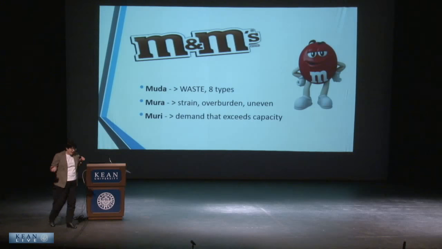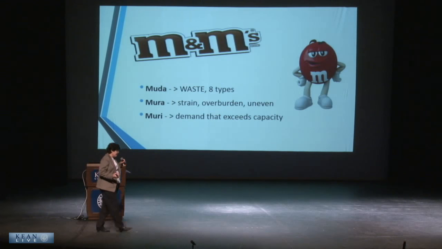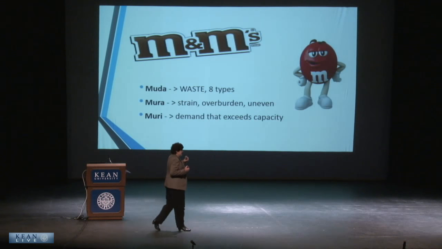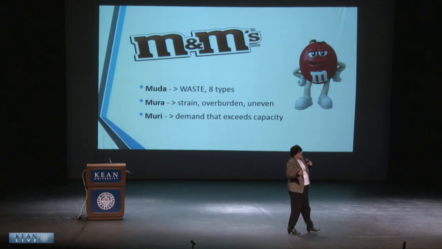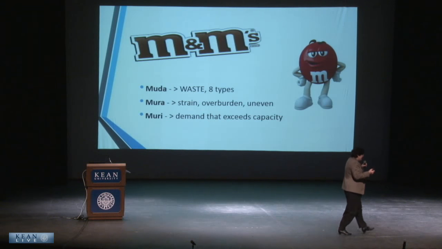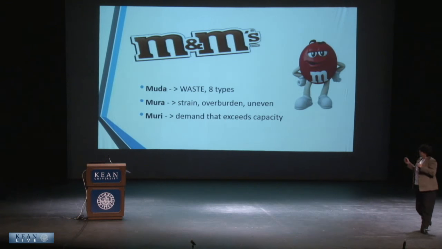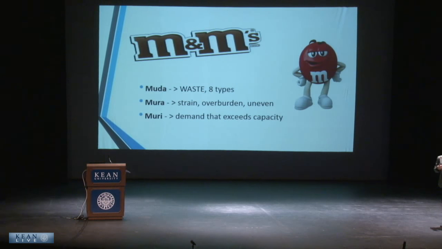Okay, M&Ms. I call it the M&Ms because it's an easy acronym. Most people like M&Ms, whether you're a peanut person or a plain, I don't know. But there's MUDA, which is waste. There's MURA, which is a strain or overburden, and that's usually during our busy times.